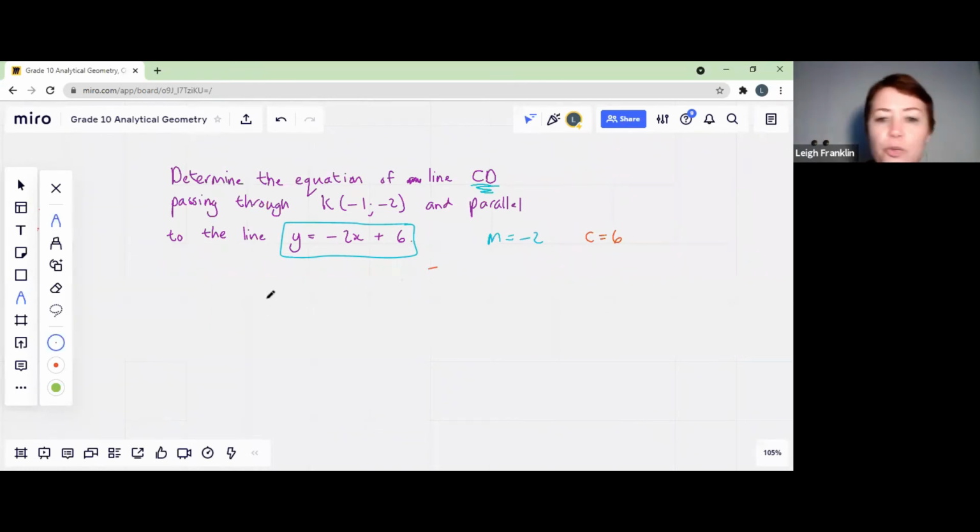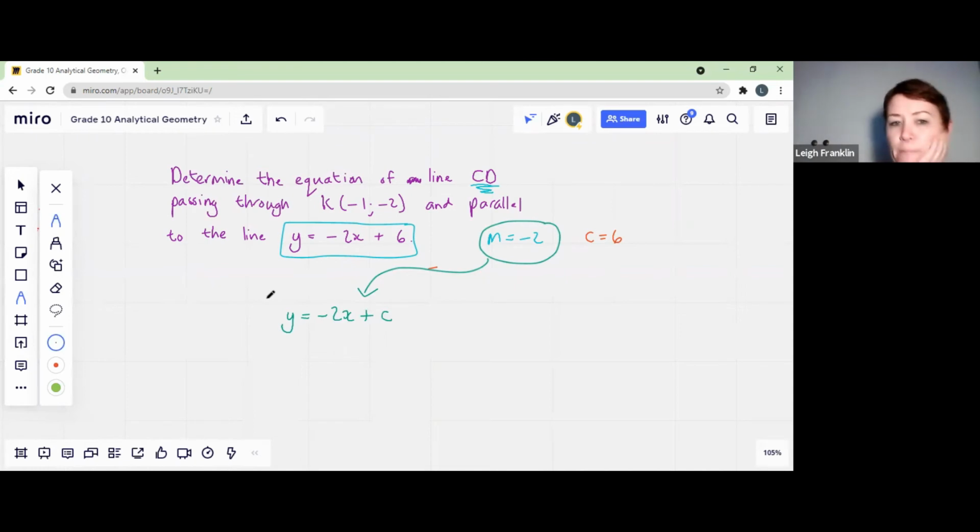So what are you going to do? You're going to take this over here and you're going to substitute it into y equals mx plus c. Now we need to sub in the point -1 and -2. Oh, Nzole is asking, what's the difference between parallel and perpendicular? Nzole, good question.